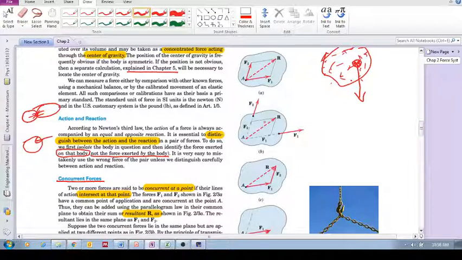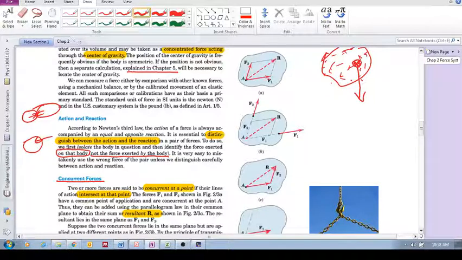Remember the principle of transmissibility. Because we're dealing with a rigid body, if a force is applied there, we can apply that force anywhere along its line of action to have the same net external effect. So these two situations are equivalent externally.